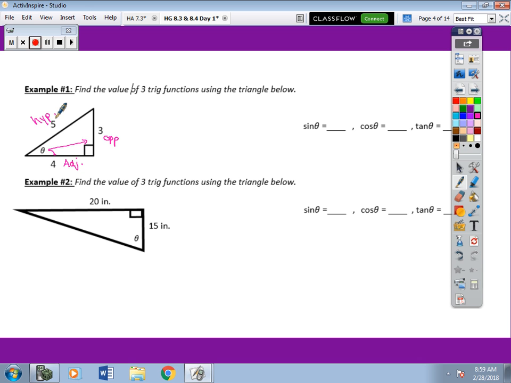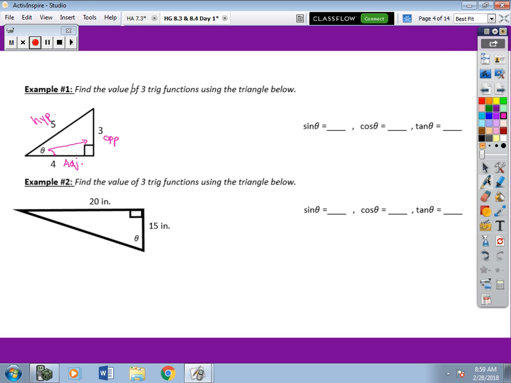So to find out what the sine, cosine, and tangent functions are, all we do is use our SOHCAHTOA ratio. The sine function is the opposite, which is 3, over the hypotenuse, which is 5, 3/5. The cosine would be what? Marquise? 4/5. And the tangent would be?